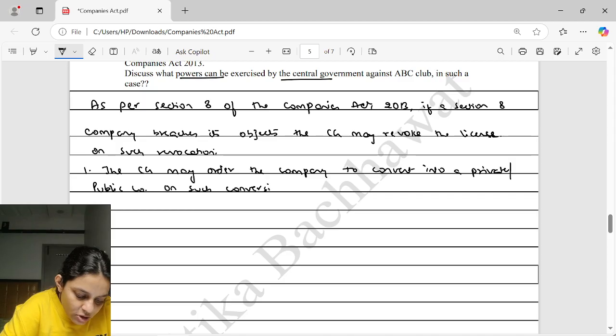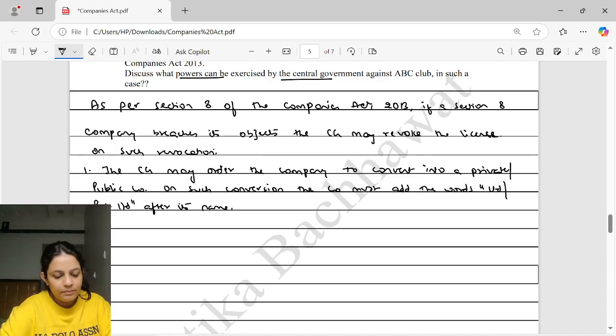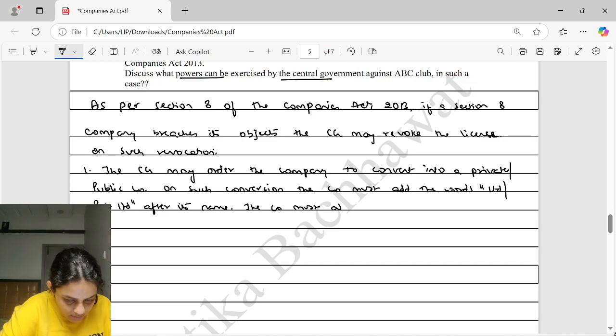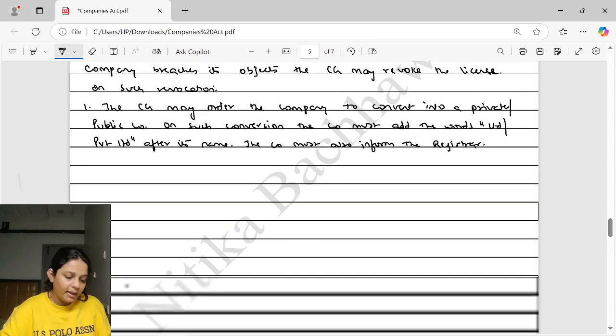On such conversion, the company must add the words limited or private limited after its name. The company must also inform the registrar. Right?